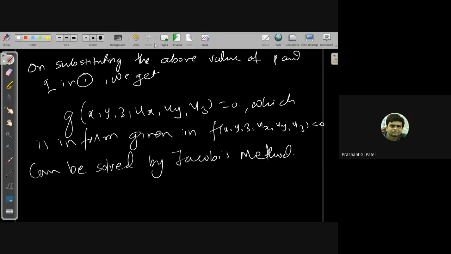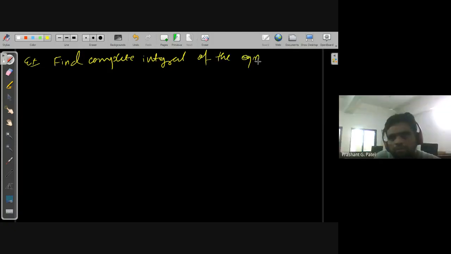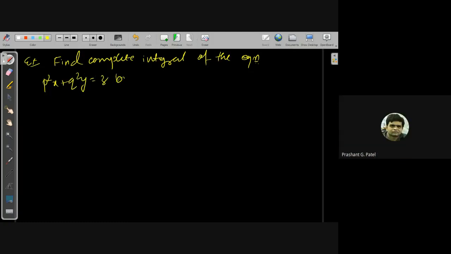So let us solve one example based on this. Find the complete integral of the equation p square x plus q square y equal to z by Jacobi's method.